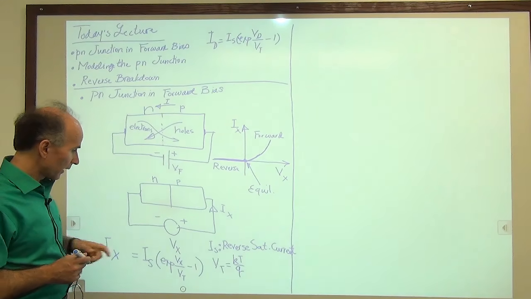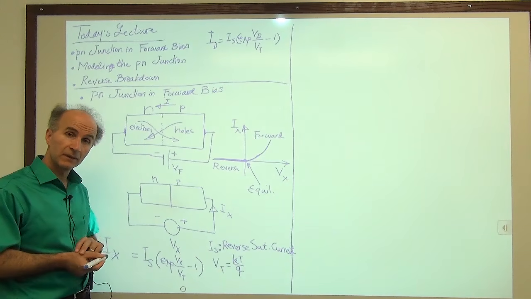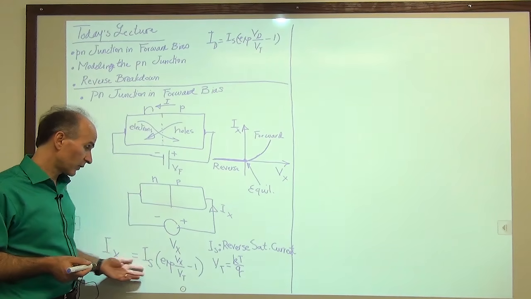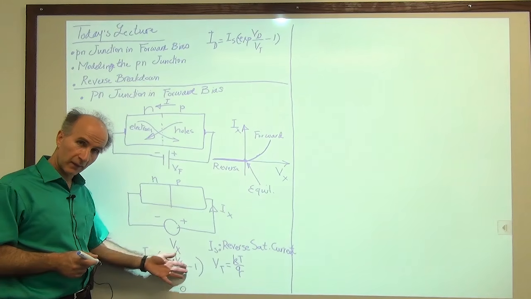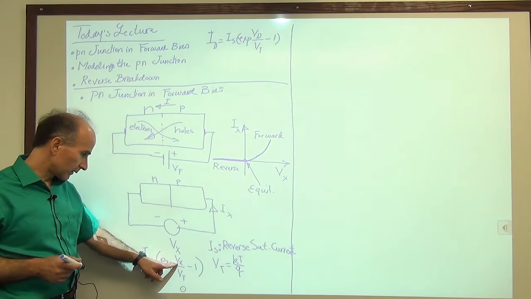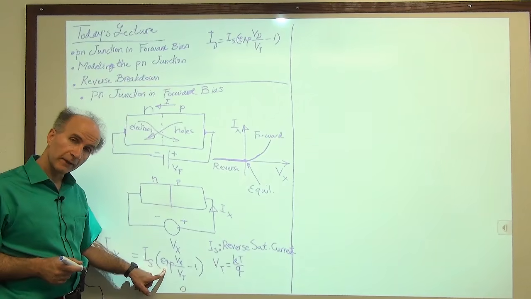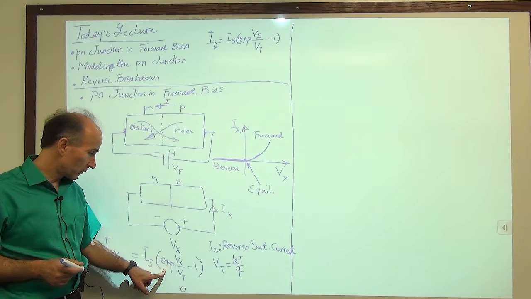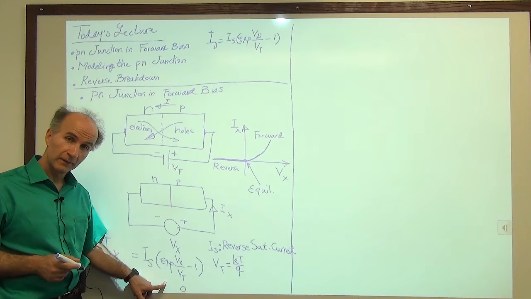Okay, how about if we make Vx negative? Now, I didn't say this equation applies to reverse bias, but just out of curiosity, can we make Vx negative here and see what happens? Well, if Vx is negative, this term becomes smaller than 1, which means this overall term becomes a negative current.